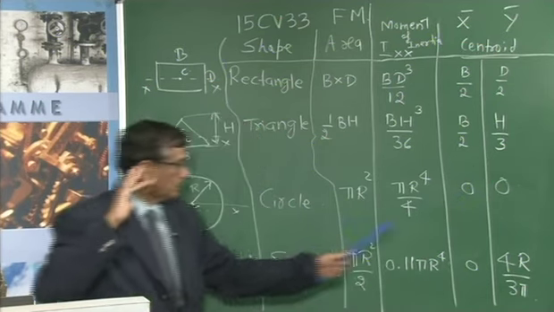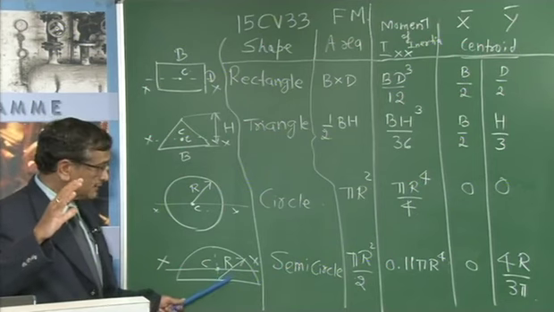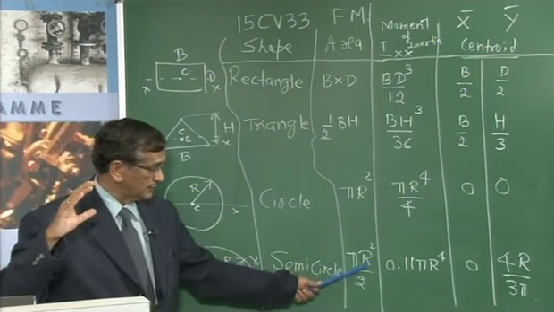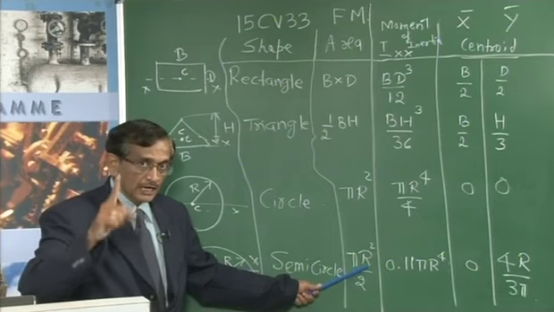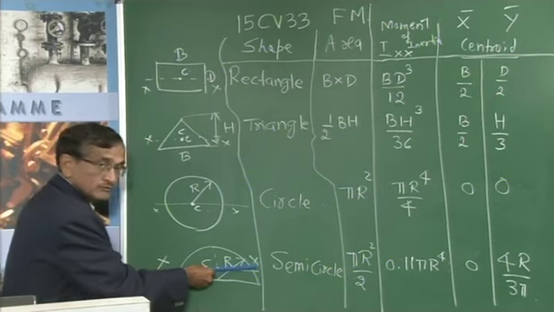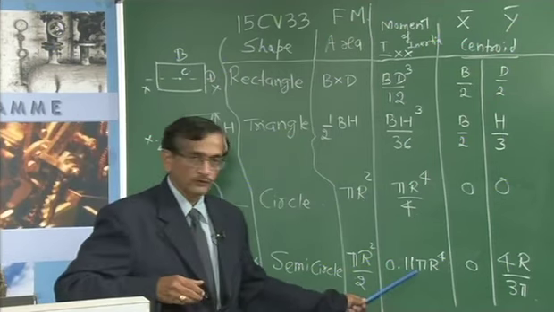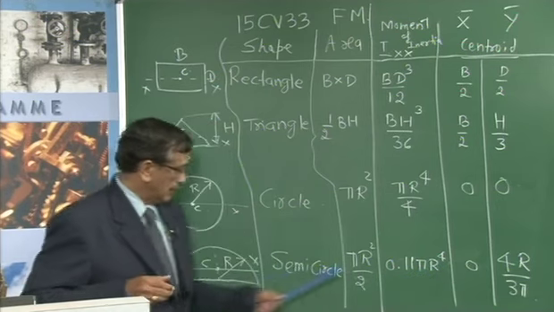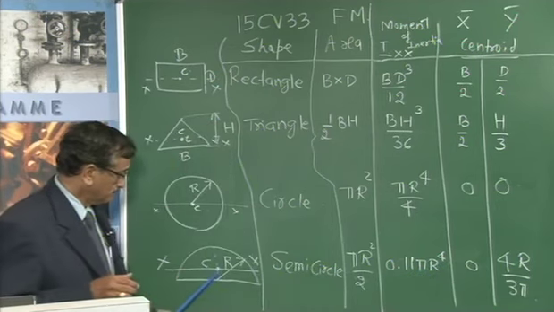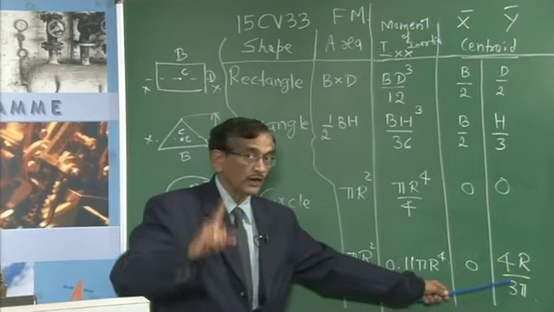Is it okay? Suppose if I take a semicircle, half of the circle, in that case the area will be half of this, which is pi r square by 2. The moment of inertia parallel to x axis is 0.11 pi r4, and centroid will be here, the value will be 0 and 4r by 3 pi in y direction.